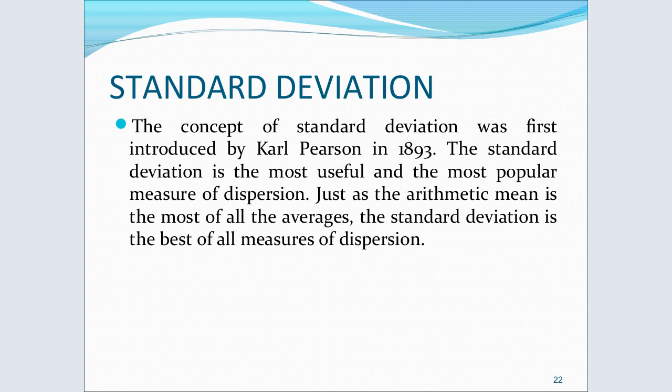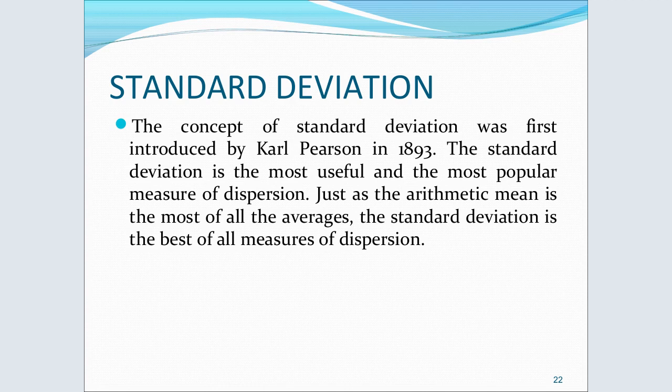Then we are adding negative 1 raised to 2. And we are adding 0 raised to 2. Then we are adding 1 raised to 2. Then we are adding 2 raised to 2. Then we are dividing by 5.